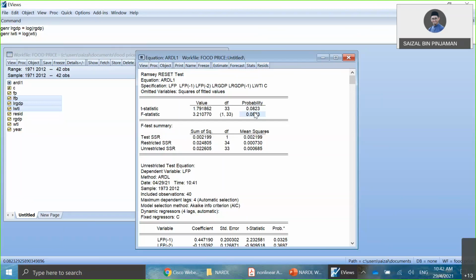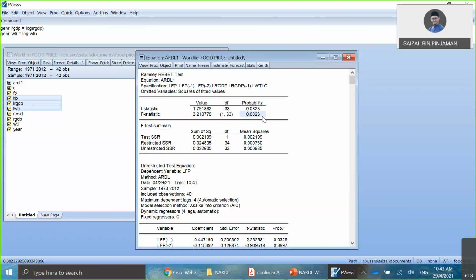If the theory and previous research also indicate that there is an asymmetry in the relationship between the dependent and the independent variable, then you can proceed with the NARDL model. And of course, you can also refer to the Ramsey reset test, because here it says that this model has misspecification.